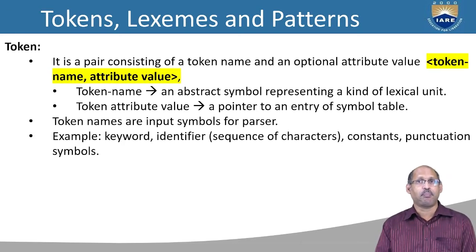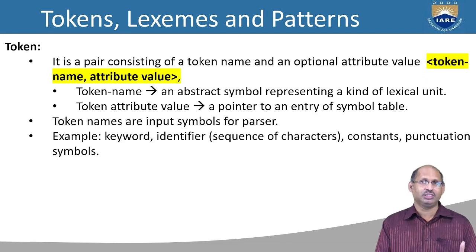What is a token? A token is a pair consisting of a token name and an optional attribute value. So what is an attribute value? It is a pointer to refer to this token's entry in the symbol table.